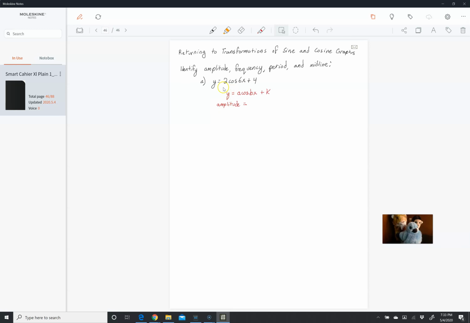is our vertical stretch, and we can see that the amplitude is now 2. Remember, in our original cosine graph, our amplitude is 1, our frequency is 1, our period is 2 pi, and our midline is 0. That's in the original graph, so I'm just going to put that off to the side. This is true for cosine and it's true for sine.